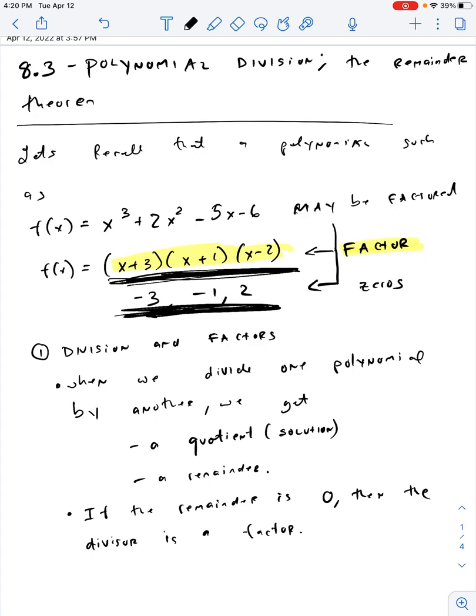So let's take a look at an example where maybe I asked the question just a little differently. How about we say, is 2i a zero to g of x equals x to the third minus 3x squared plus 4x minus 12?